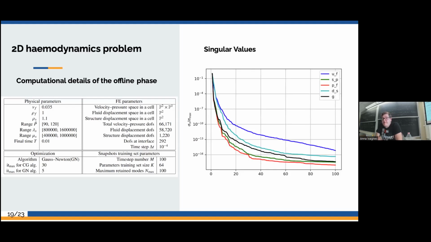Performing a POD compression, we can see the decay of these values, and we can see an obvious exponential decay. The slowest decay is shown by the fluid velocities, which gives us the idea that in order to approximate the fluid velocity, we need a high number of reduced basis functions.